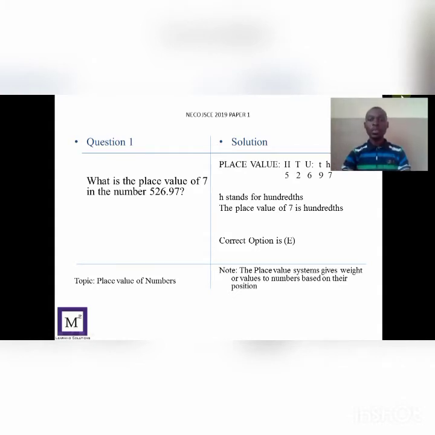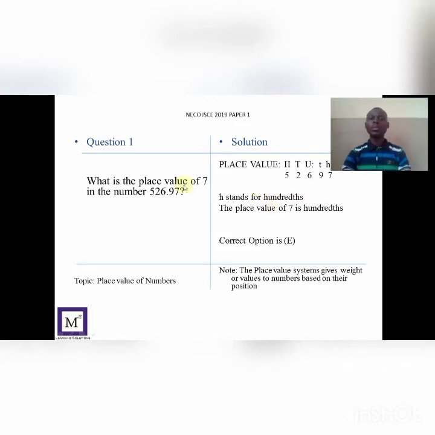You put the place value for each number. You have 5 is 100, you have this, you have 6. Then you notice that 7 is under the place value hundredths. And we know from the elementary idea of place value, hundredths means 1 over 100.